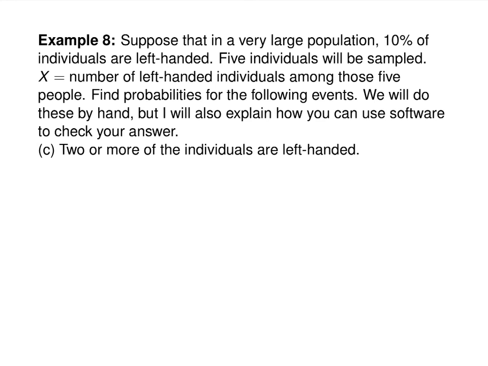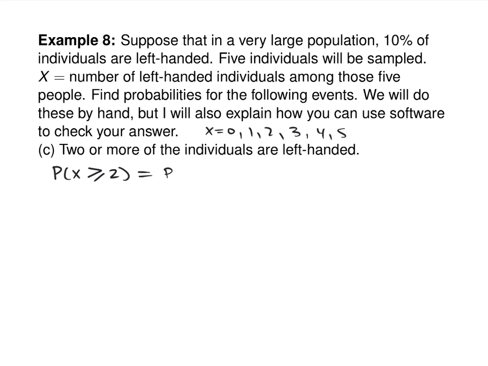And then finally, what is the probability that 2 or more of the individuals are left-handed? So that means x bigger than or equal to 2. And thinking, well, our x could be 0, 1, 2, 3, 4, 5.